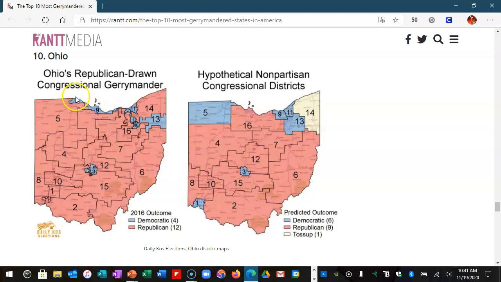Dennis Kucinich, a Democrat, had been a member of Congress for decades and always won in this district. It was actually taken out after the 2010 census because the Republicans were in charge. They gerrymandered this district, and they basically made Kucinich's district disappear.